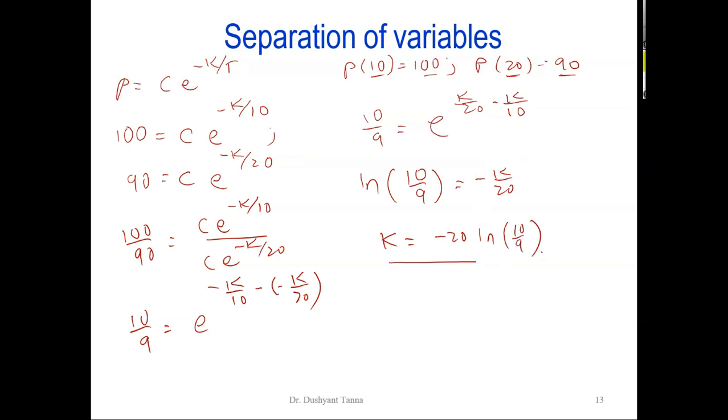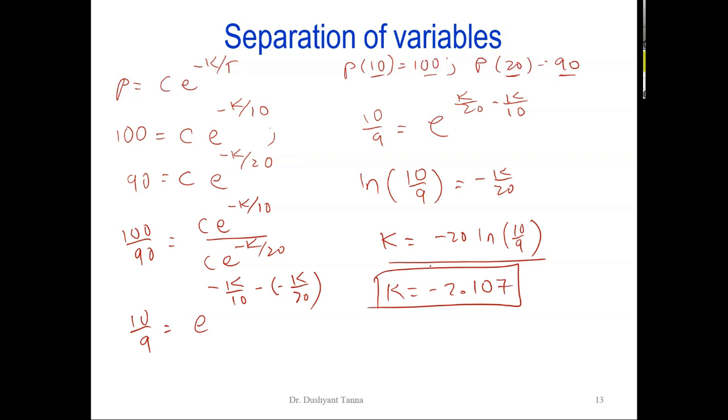Can you find me a value of this in your calculator, please? Negative 2.107. Great. That's the value of K.